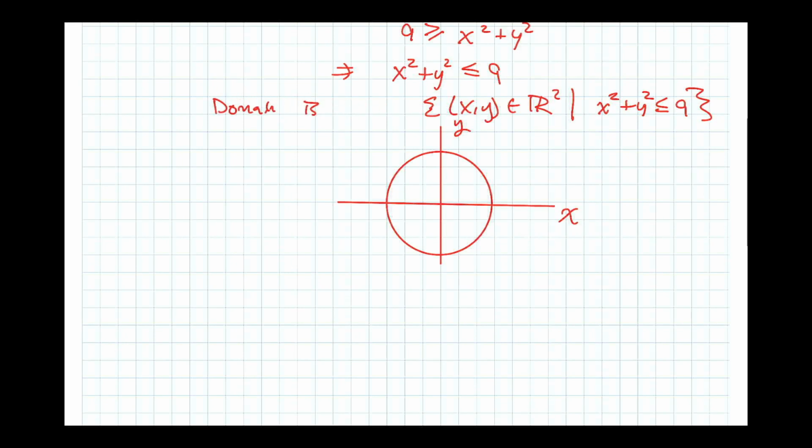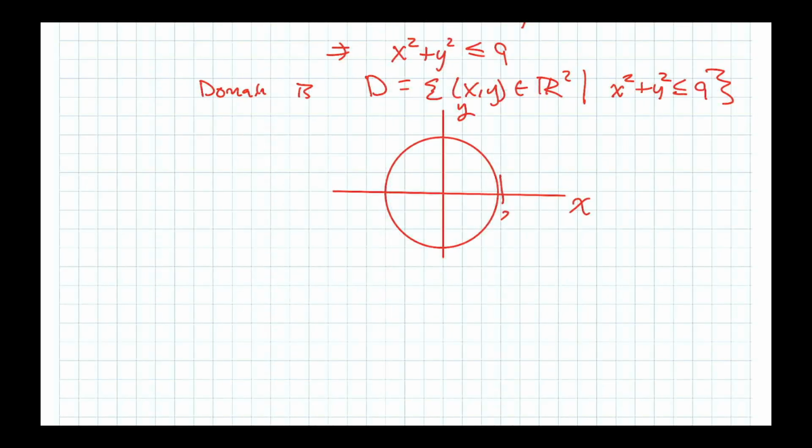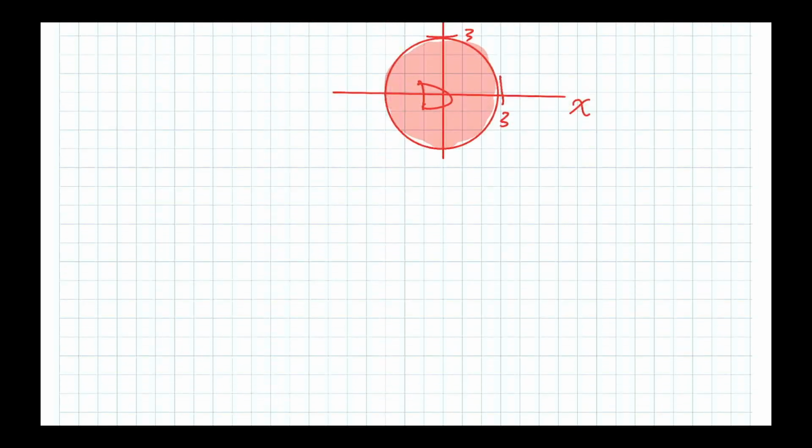D equals. Then you've got this circle with radius 3, and the inside of that circle, I can actually shade it. That's the domain. So inside of that circle, that's where x squared plus y squared is less than or equal to 9. Okay, so that's the domain in a picture, and that's the domain written down.